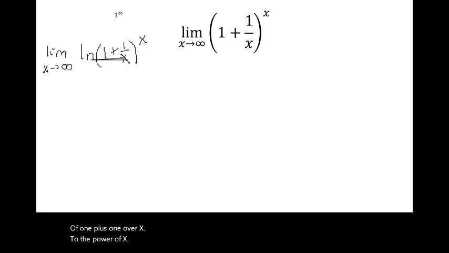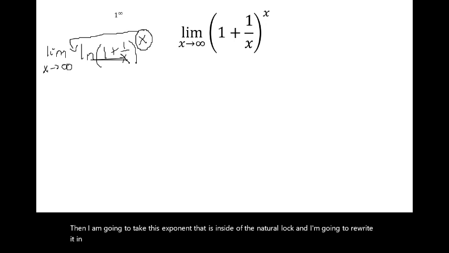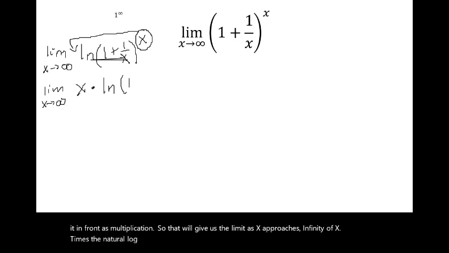Then I am going to take this exponent that is inside of the natural log, and I'm going to rewrite it in front as multiplication. So that will give us the limit as x approaches infinity of x times the natural log of 1 plus 1 over x.